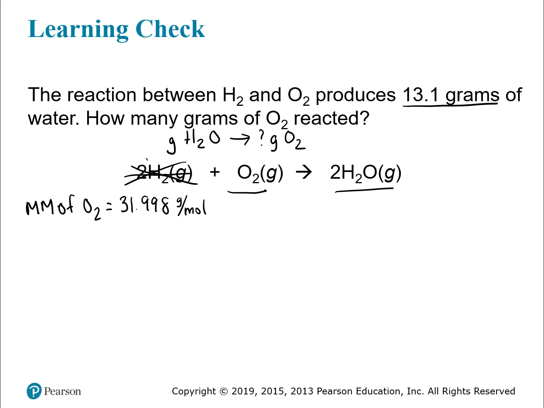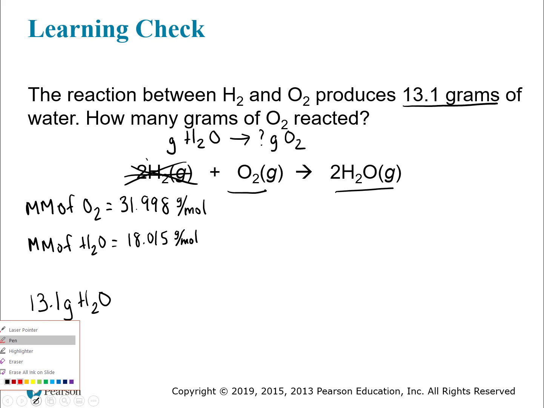It's the same process though. Now that we've got our molar masses, we need to set up the problem. We're starting with 13.1 grams of water.